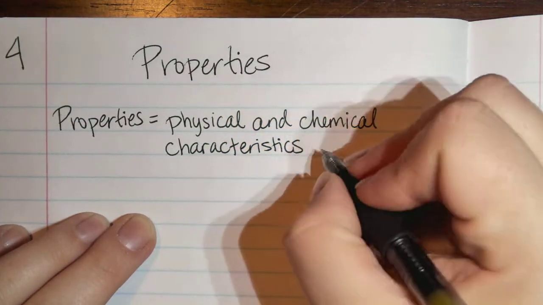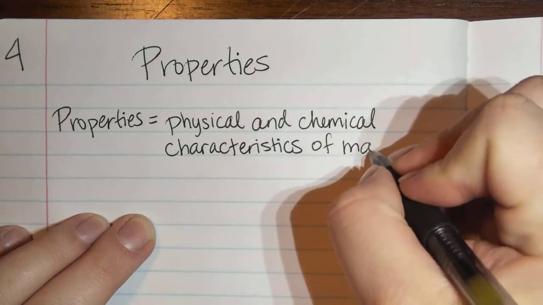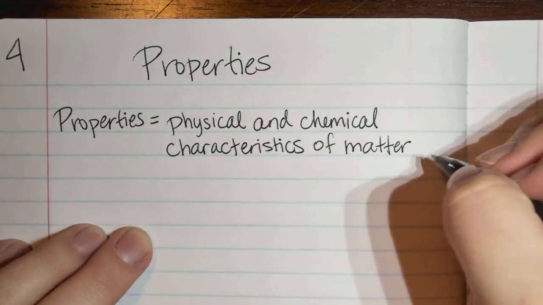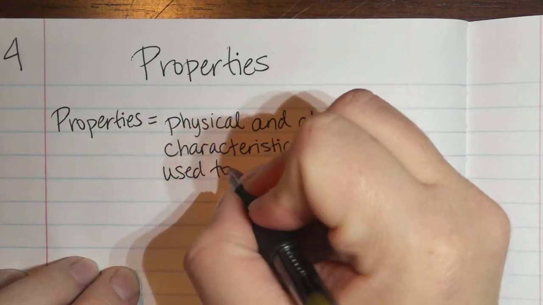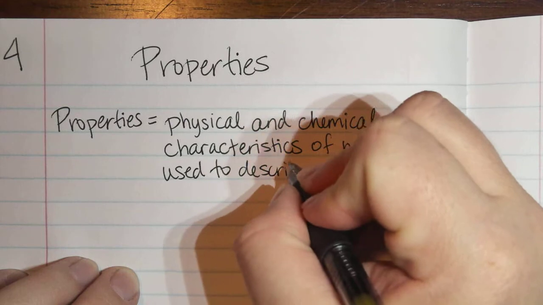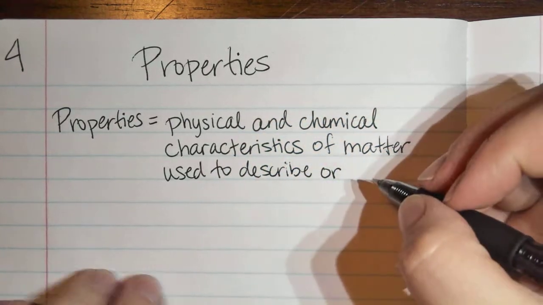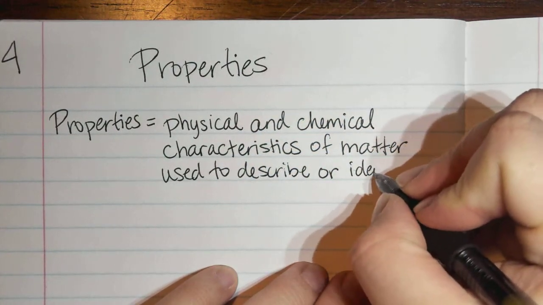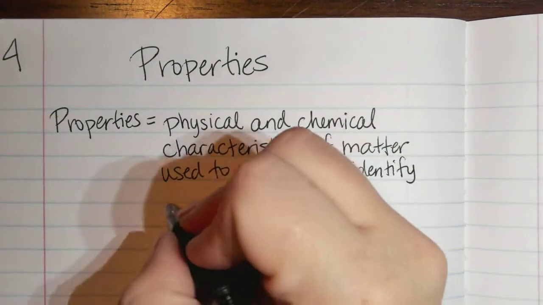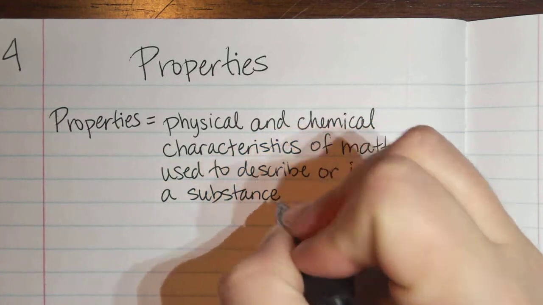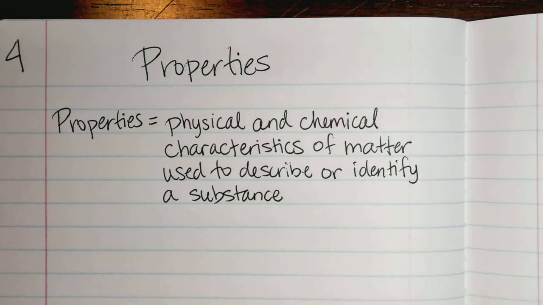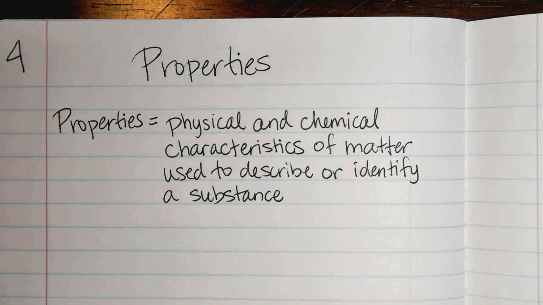Physical and chemical characteristics of matter used to describe or identify a substance. So again, it says that properties are physical and chemical characteristics of matter used to describe or identify a substance.